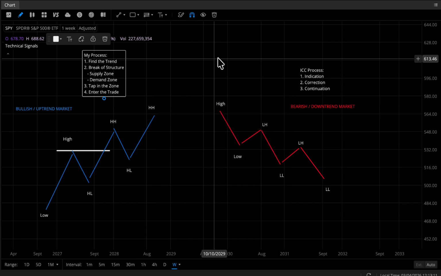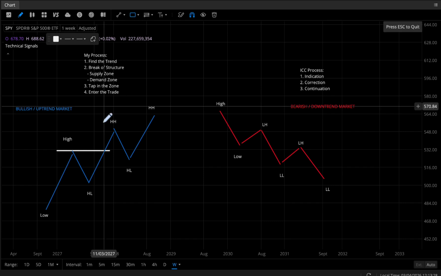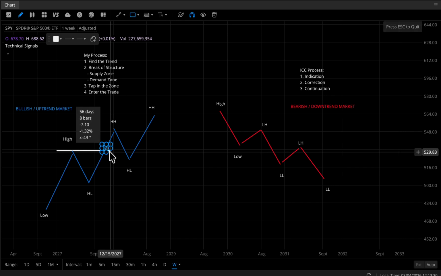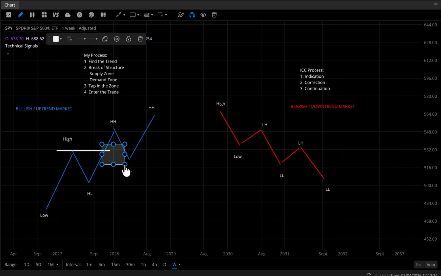All right, so now that we have the break of structure because price pushed past this high and created a higher high, which is what we want to see, now we would create our zone. So this would be our zone. If price comes back to this area, that will let us know we can enter the trade.